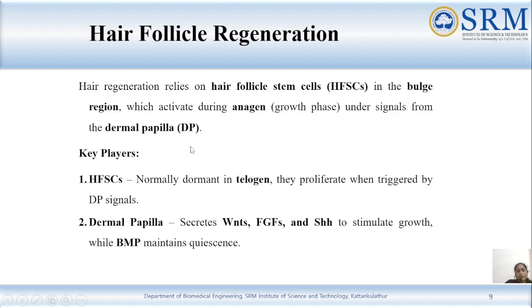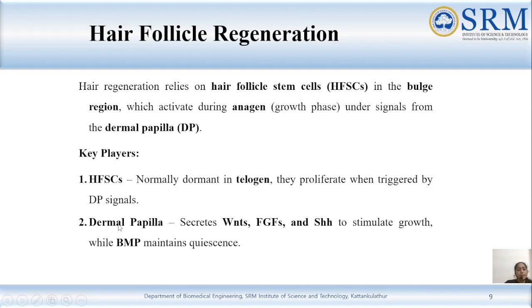So the dermal papilla is basically signaling the hair follicle stem cells, and this helps to activate the growth phase. So the hair follicle stem cells, which are normally dormant in the telogen phase, start proliferating only when they receive the signals from the dermal papilla.